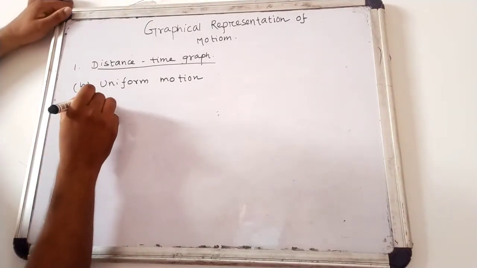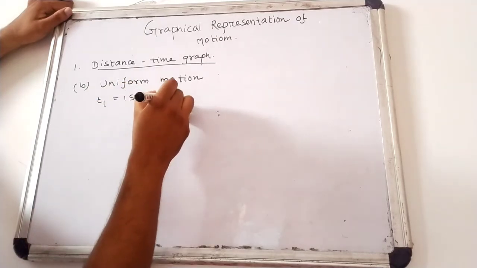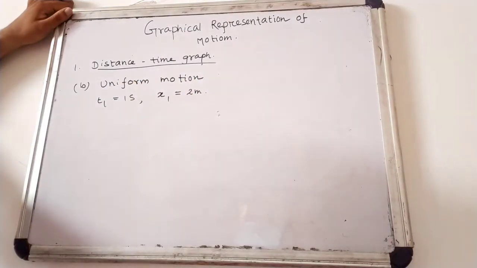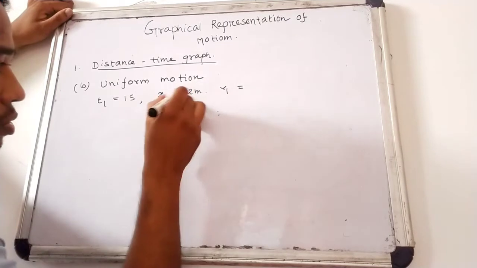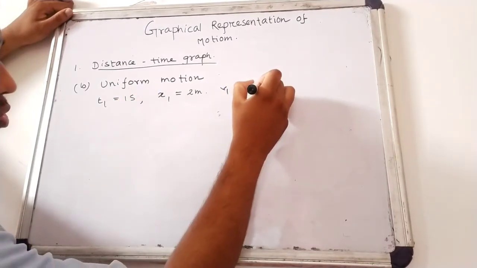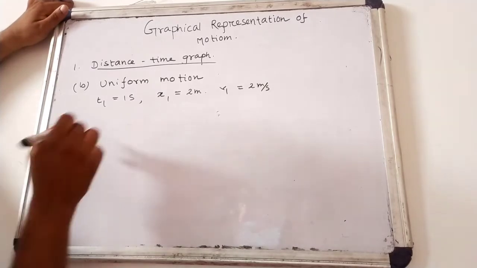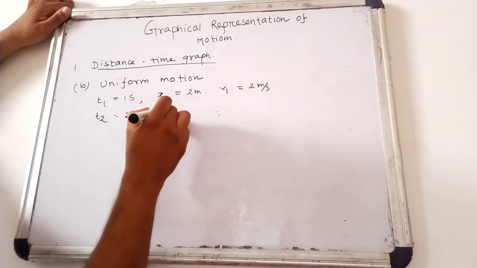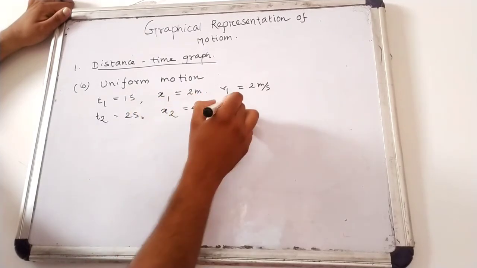Suppose at t equals 1 second, an object covers a distance of 2 meter. Then its velocity will be 2 by 1, that is 2 meter per second. Next, at t2 equals 2 second, suppose it covers a distance of 4 meter.